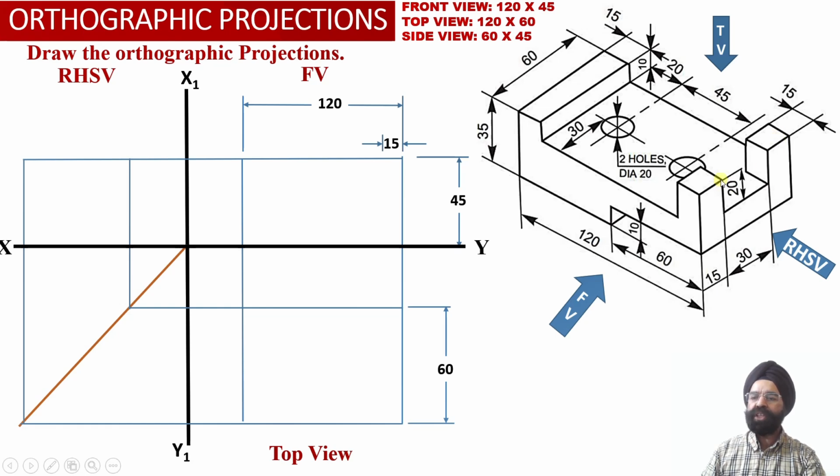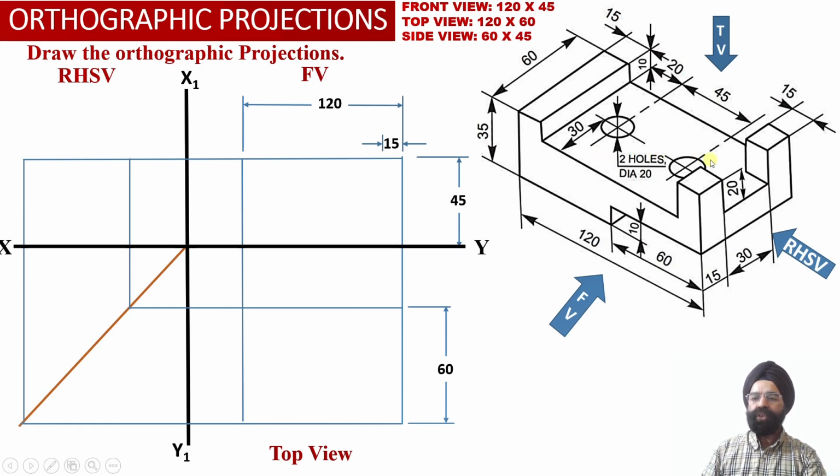The dimensions of the square block are 15 by 15 square from the top, having a height of 20 millimeter above the top surface of this horizontal web which is lying on the base of the solid.